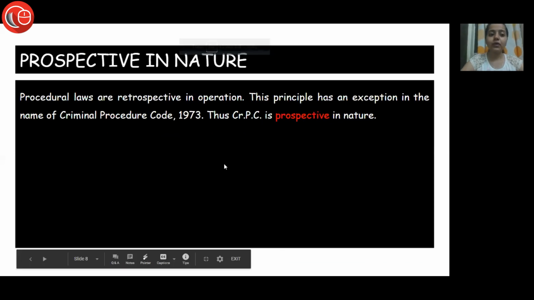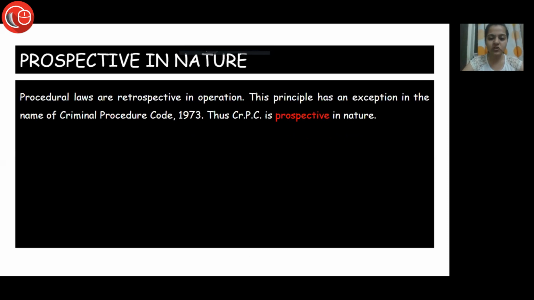Prospective in nature. Do you know what prospective means? Prospective and retrospective are two terms which you might have heard earlier also. Retrospectivity means effect from a back date. If a law is retrospective, then it will have applicability from the back date.